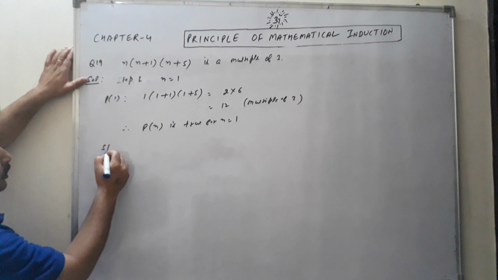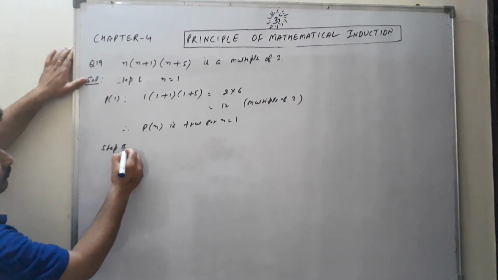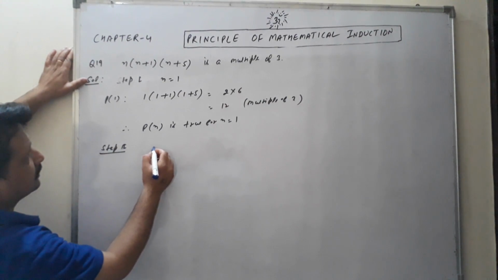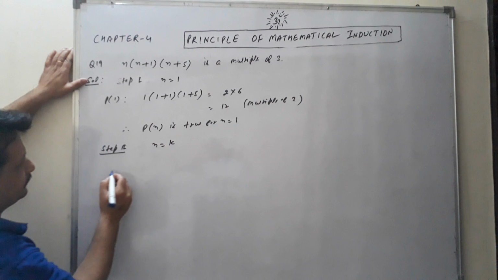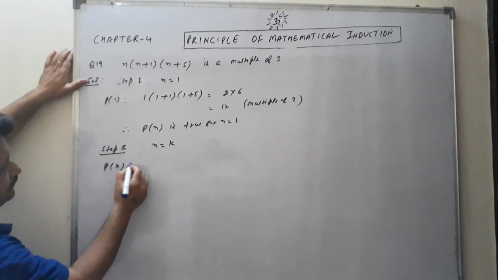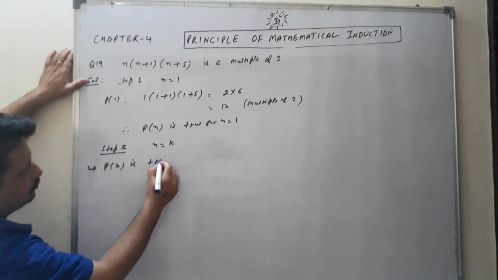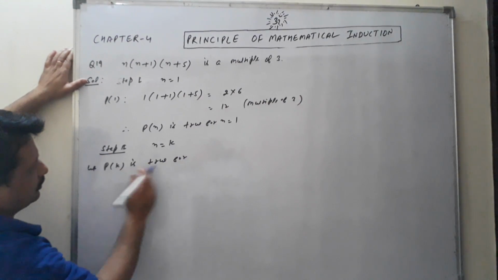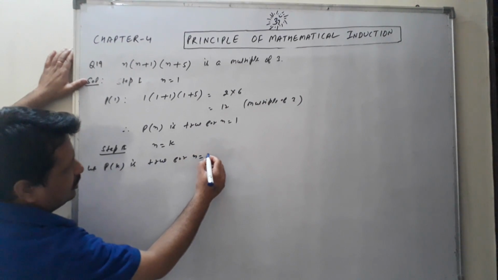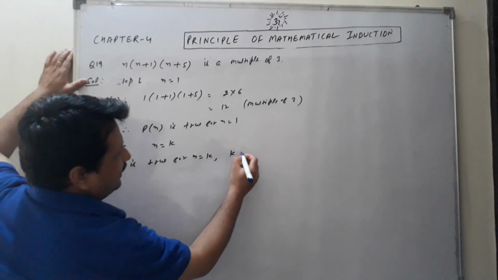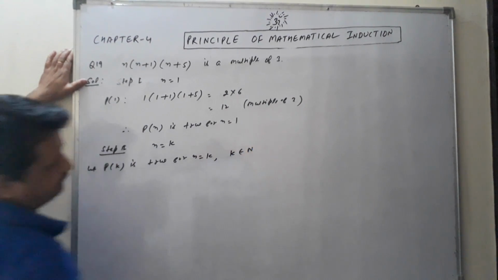Come to step number 2, that is n equal to k. So we will say let P of k be true, that is n is equal to k, where k belongs to natural numbers.